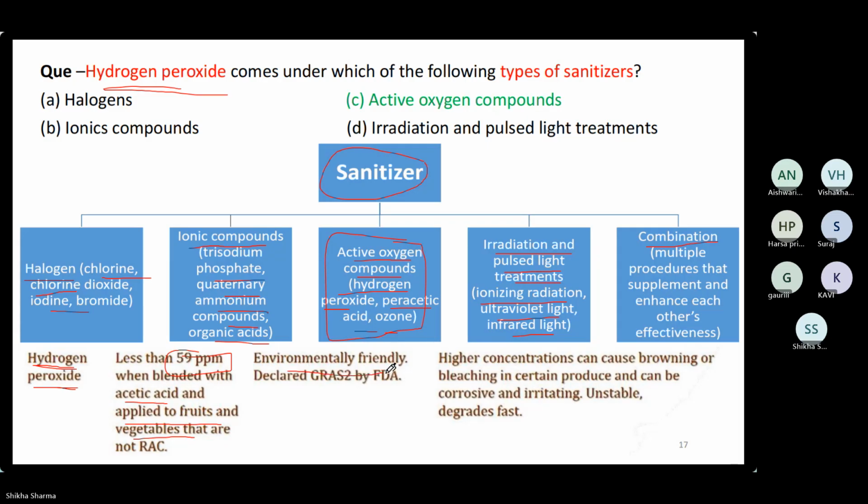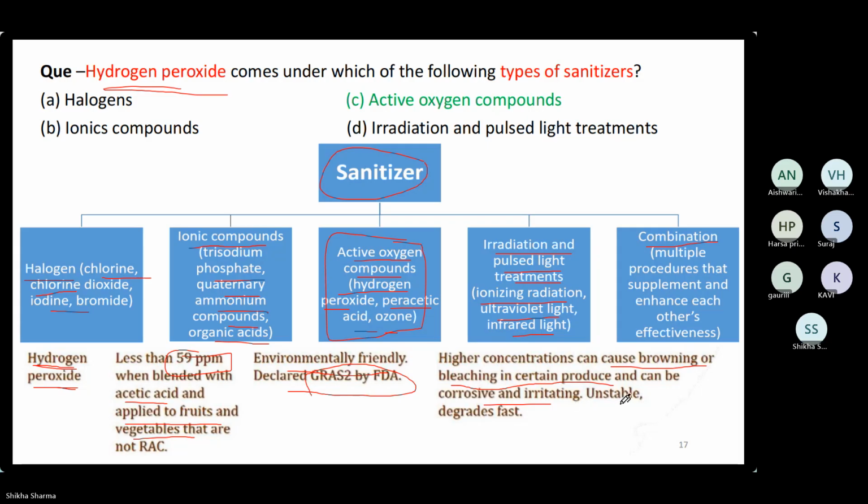It is environment friendly, and it is regarded as safe by the FDA to use as a sanitizer. At higher concentration it can cause disadvantages like browning and sometimes bleaching in certain produce, and can be corrosive and irritating.